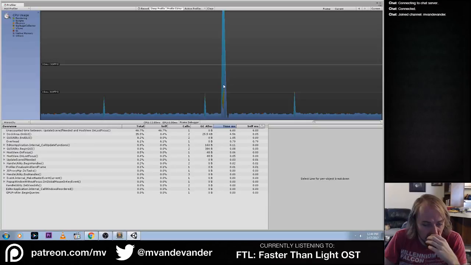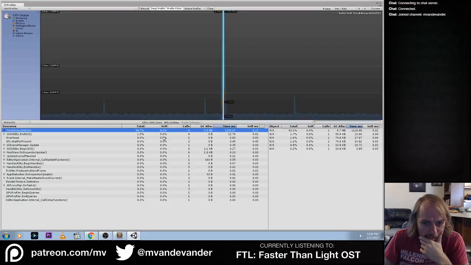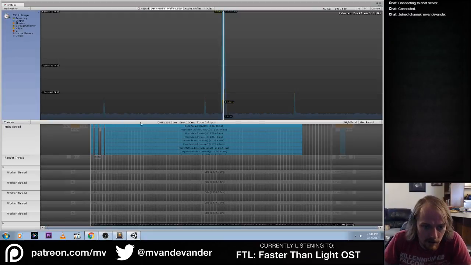And if the profiler can't be responsive enough to be usable, then it's useless. Can I look at this in a different way? Can I look at the timeline? Or is that going to be even slower?